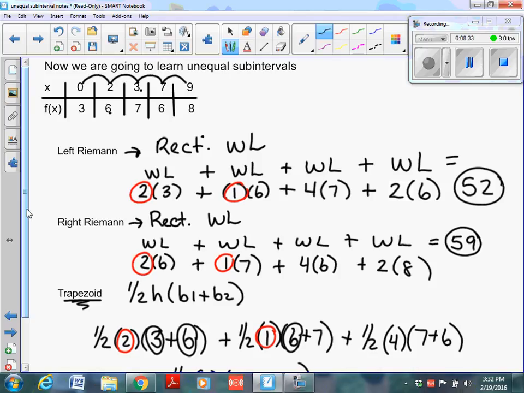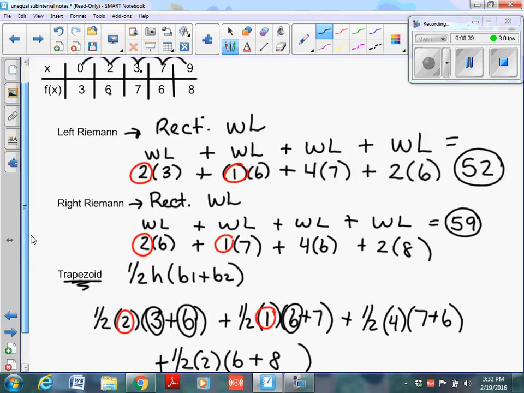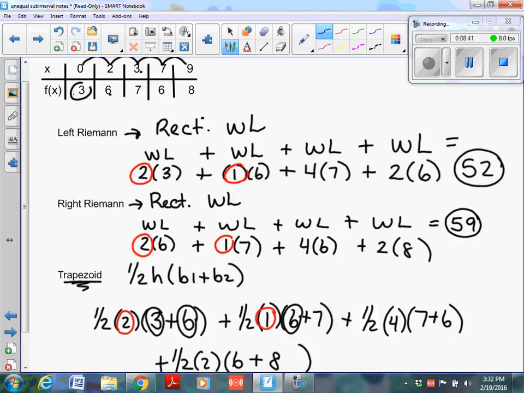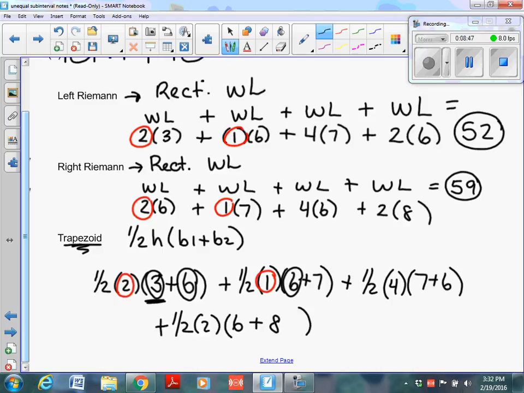And on the last the 6 and the 8. And as you can see, all the middle numbers got doubled except the end numbers. The 3 and the 8, you look down here, there's only 1 3 and 1 8. But if you look at the rest of them, there are 2 6s, there are 2 7s, there's another 6, and that's why they get doubled. And the answer for this is 55.5.